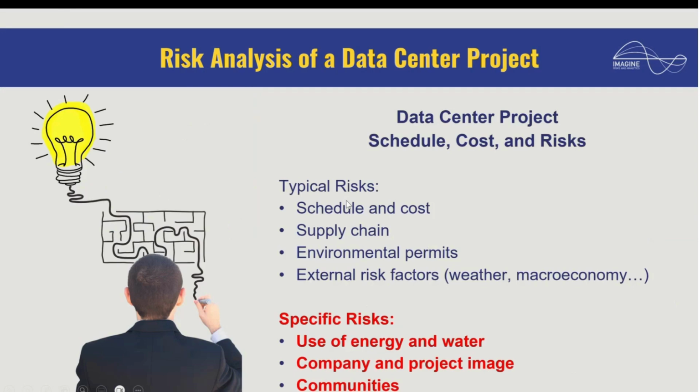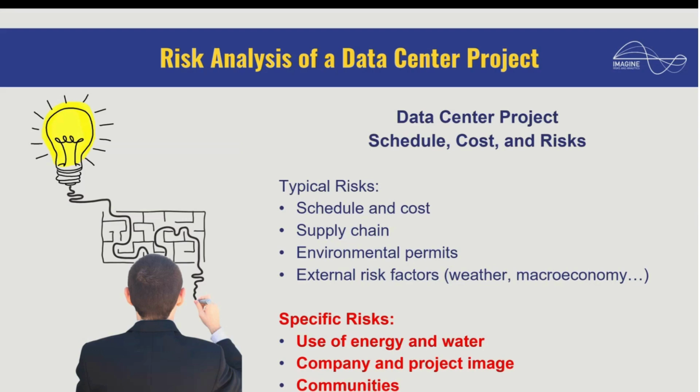Now, we're going to look at the model in a second, and discuss some typical risks that a project like this faces. Typical risks on a data center project would include duration risk, uncertainty in the schedule, and the costs. Supply chain risks, events related to the supply chain. There's a lot of equipment that you will be procuring from abroad.